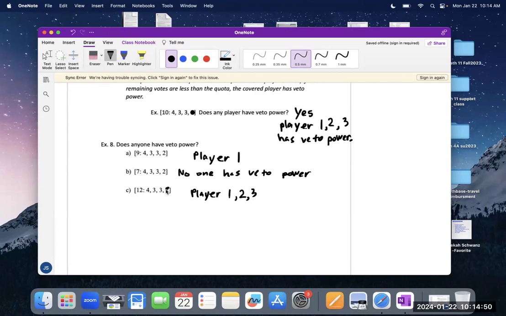And if I take away player 4, then you have 4 plus 6, which is 10. So you do need player 4 as well. So you do need all 4 of these players here. They all 4 have veto power. So basically, here is an example where it has to be unanimous. Everybody has to vote the same way to get something passed.